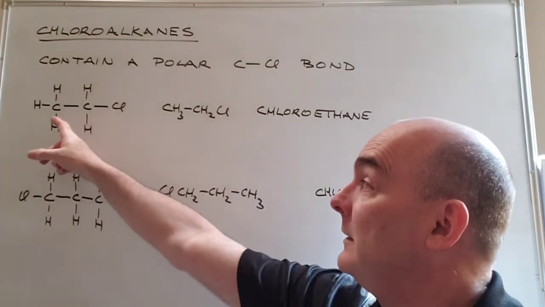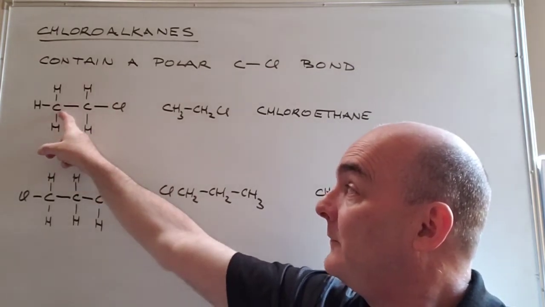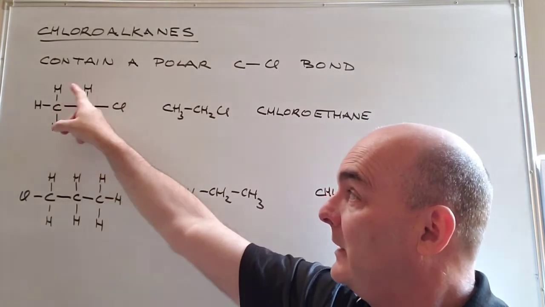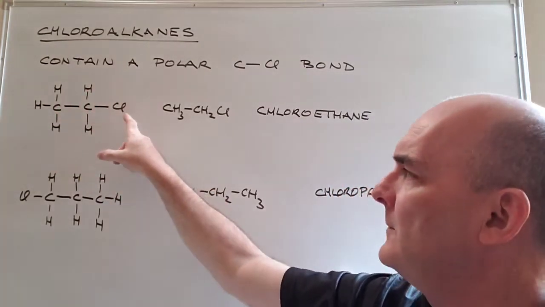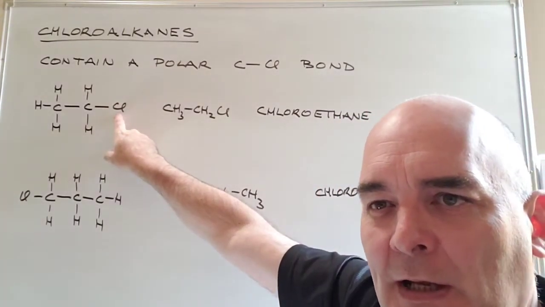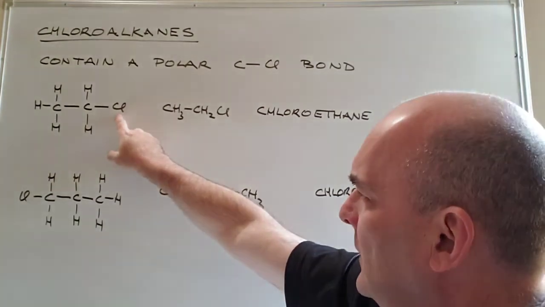So this 4 bonded carbon, 4 bonded carbon. Carbon has 4 bonds. Each of the hydrogens has 1 bond. And then I've got a chlorine in the position that we'd previously seen a hydrogen, because chlorine always makes 1 bond, hydrogen always makes 1 bond.